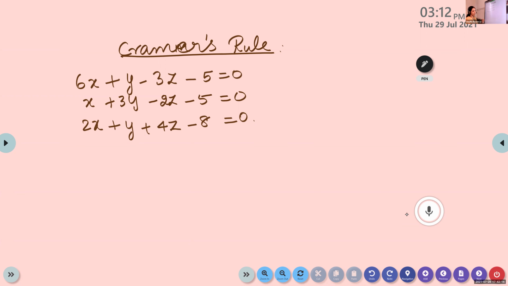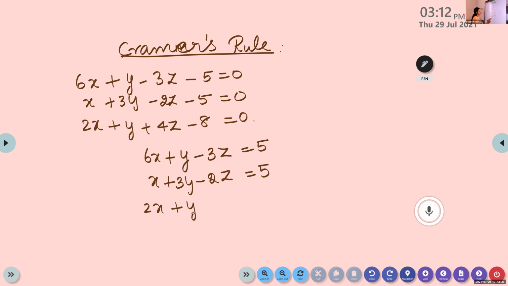If the y term is not there, we can write 0y. If the z term is not there, we can write 0z. So when we write this in general form, we get 6x plus y minus 3z equal to 5, x plus 3y minus 2z equal to 5, and 2x plus y plus 4z equal to 8. That is the first step.